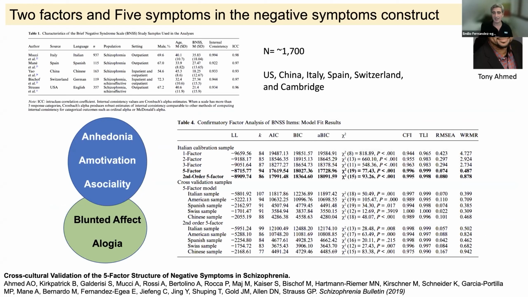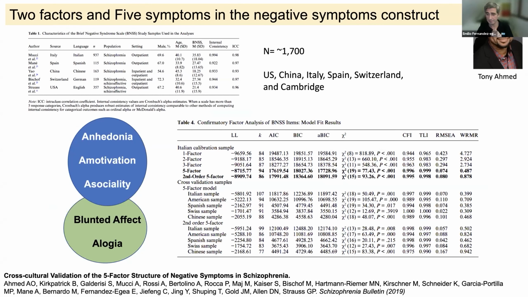We found that the best way to split the scale was using this two-order model with five factors, meaning the five symptoms are independent of each other, but they can be clustered together in these two factors: anhedonia, motivation, and asociality, the motivation and pleasure factor, and the blunted affect and alogia, which is the expression.